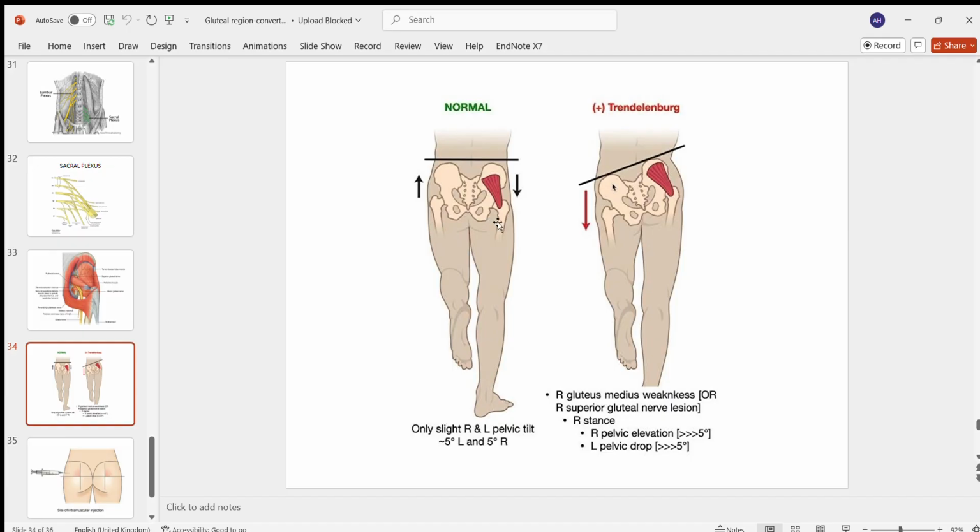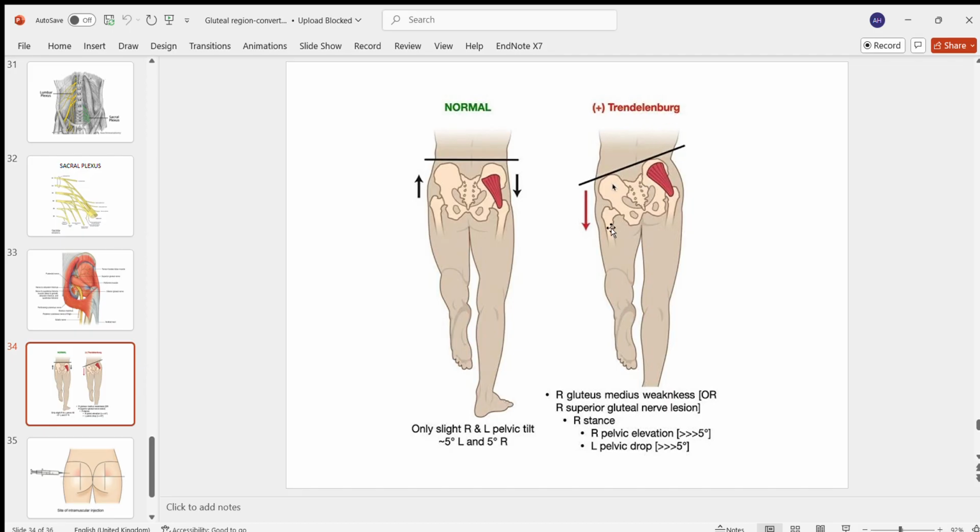But in case of any injury to the superior gluteal nerve, it leads to paralysis of gluteus medius and minimus, which fail to uplift the opposite limb, and it leads to the drooping of the opposite limb, and the gait in this case will be called the lurching gait, and the sign is called the Trendelenburg sign positive.